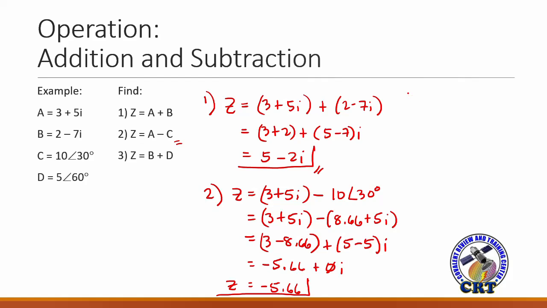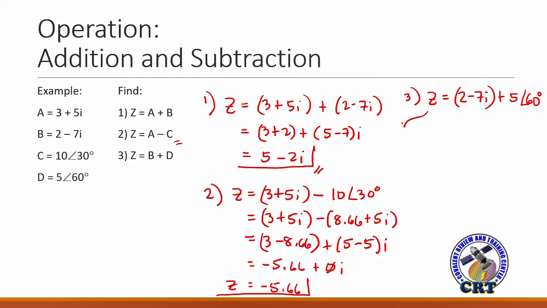So for number 3, B plus D. So B is 2 minus 7i plus D, 5 angle of 60 degrees. Okay?